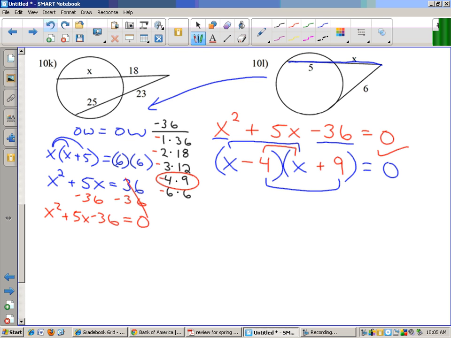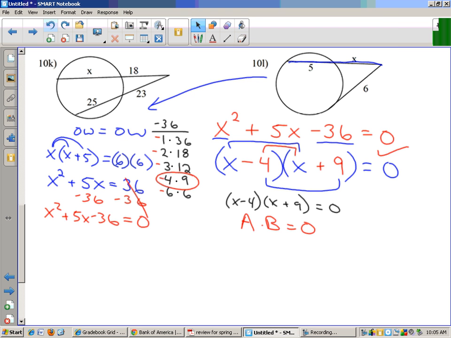How does this help me? I now have two binomials that multiply together to give me 0. Let's get away from this for a second. If I told you that you had a times b equals 0, what would you tell me?